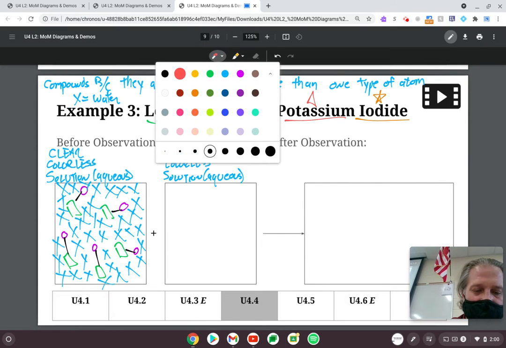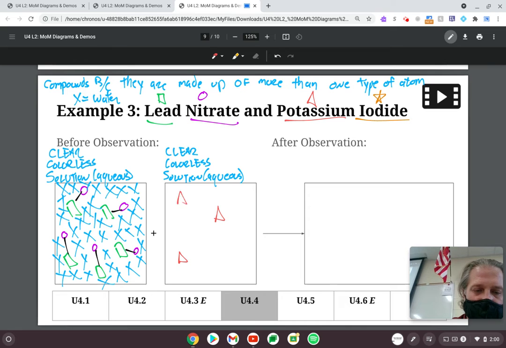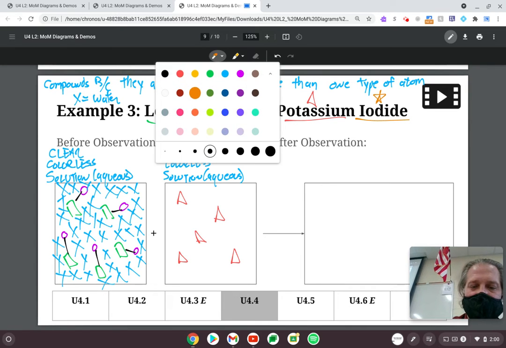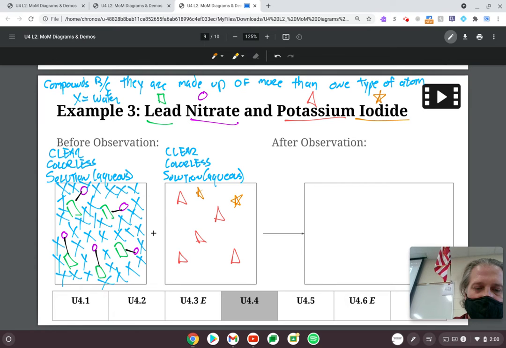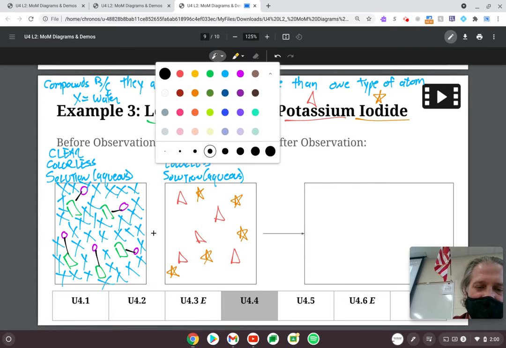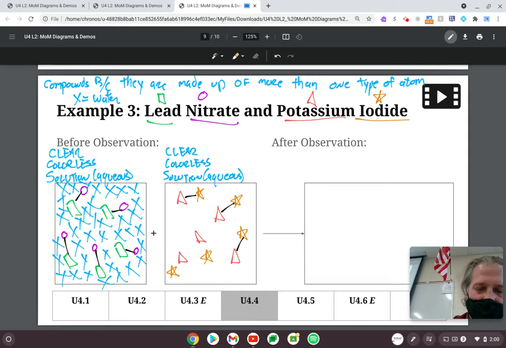So I'm going to start with my triangle. I'm going to add my stars. I'm going to connect them with a line to indicate that they are a compound.